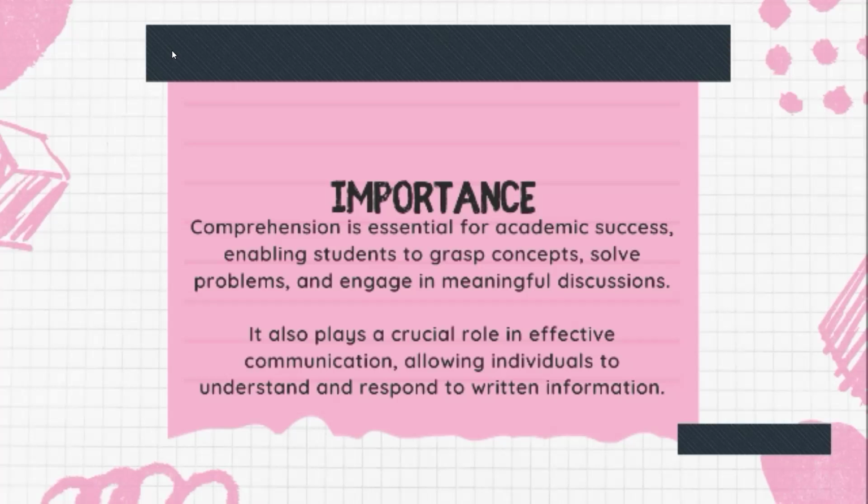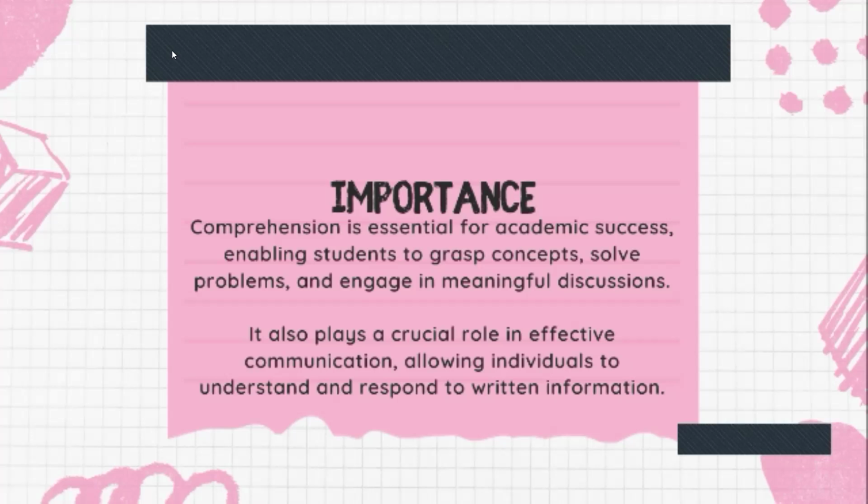Comprehension is important because it helps students to grasp concepts easily. They're able to solve problems, and they're able to engage in meaningful discussions. It is one thing for a child to be able to read texts with higher lexicals, but does the child understand?